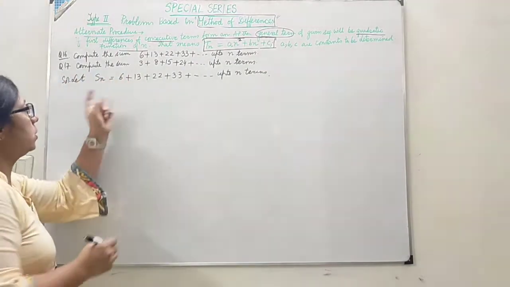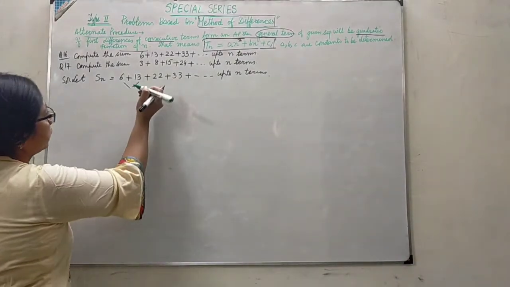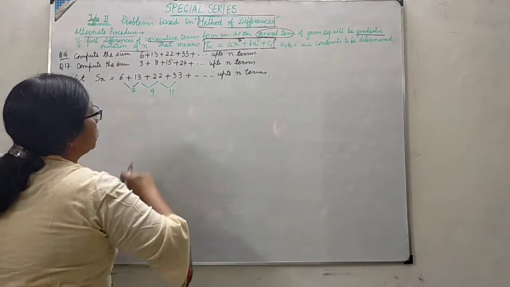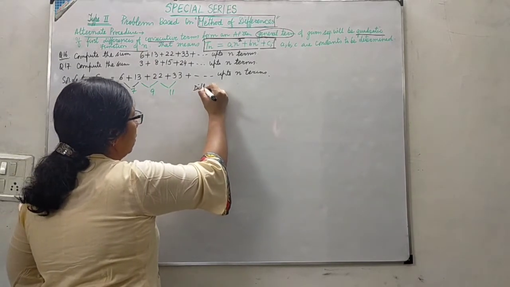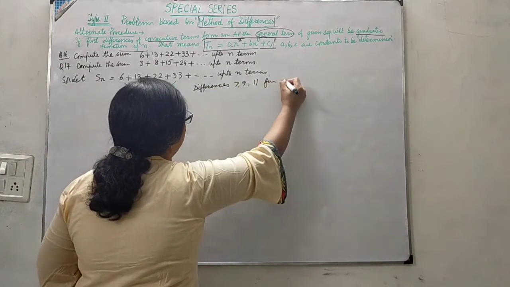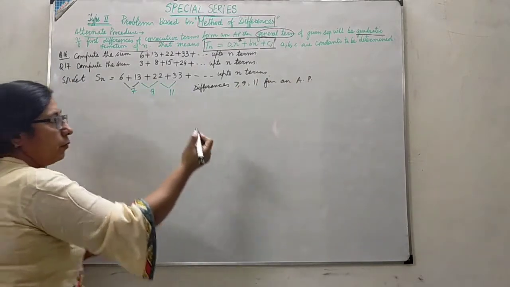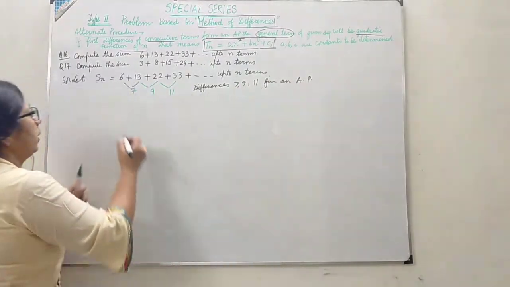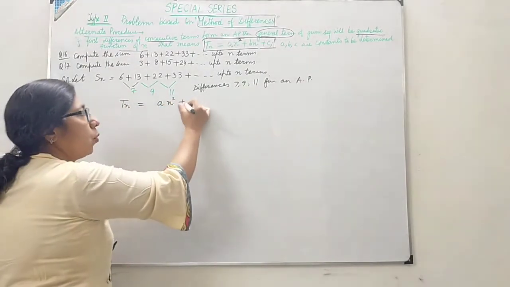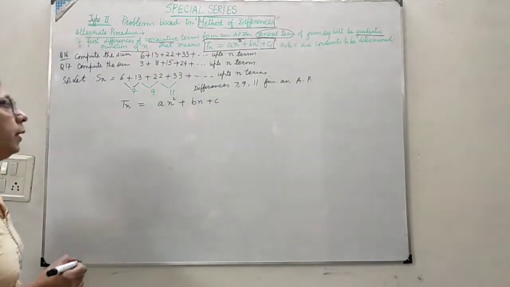Because the differences here are 7, 9, 11, they form an AP. So we can always write Tn as A n square plus B n plus C, a quadratic function in n, where A, B, C are three constants to be determined.